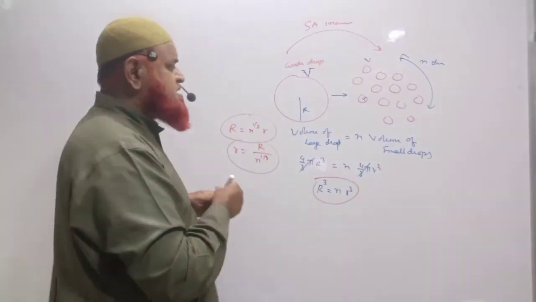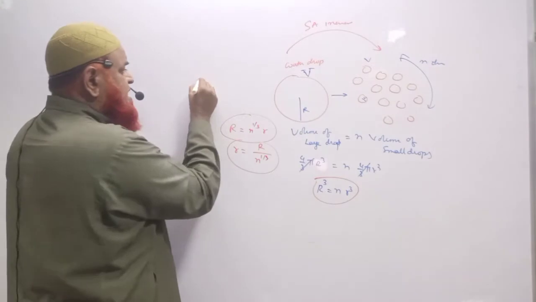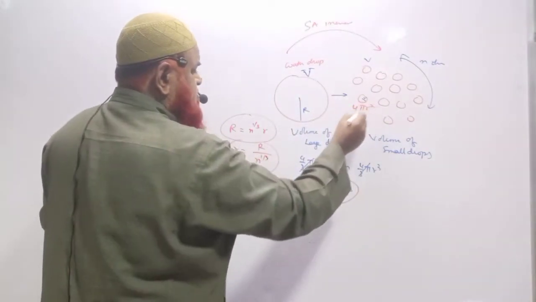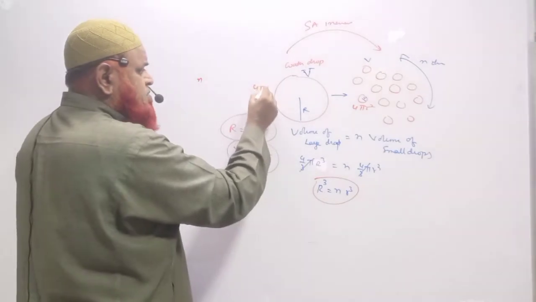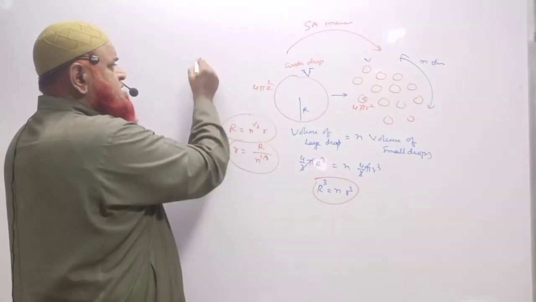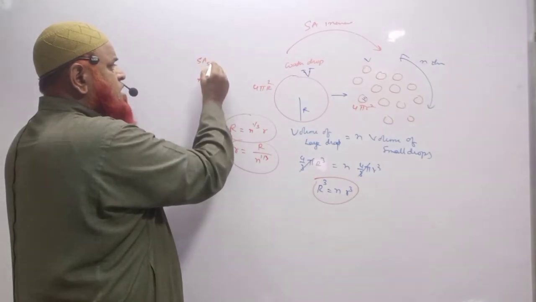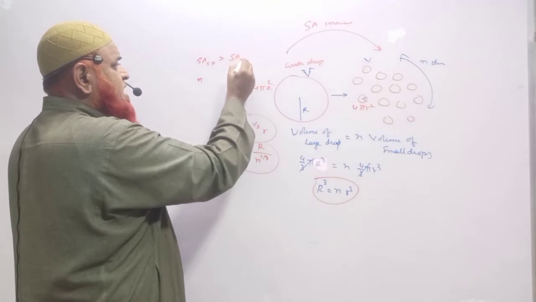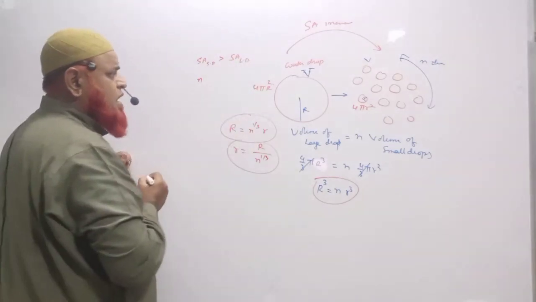Understood? So it is understood that n times, what is the surface area of this smaller drop? 4 pi r square. Larger drop, 4 pi capital R square. So now, surface area of small drops is greater than surface area of large drop. How can you say this?